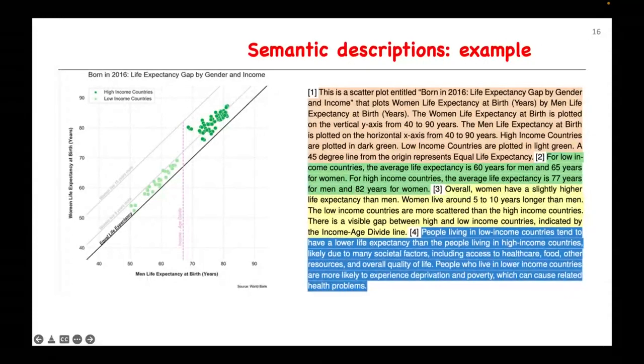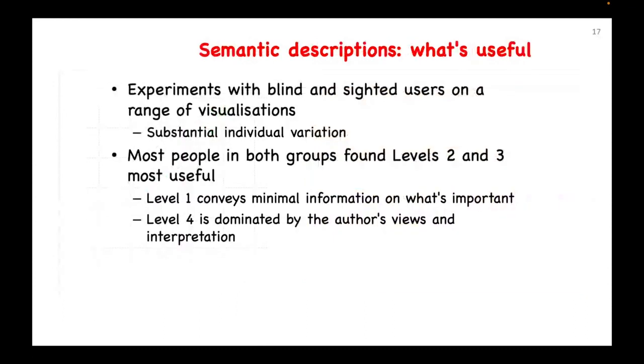So you're putting the writer's explanation and understanding of what's going on on top of the descriptive stuff. So the semantic description is useful, not the low-level stuff, and the mid-level stuff describing what the trends are, the interpretation, no. In a nutshell, that's how to do it.